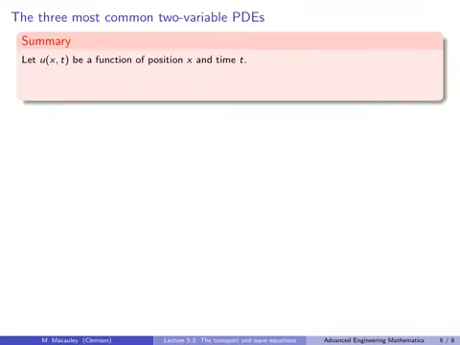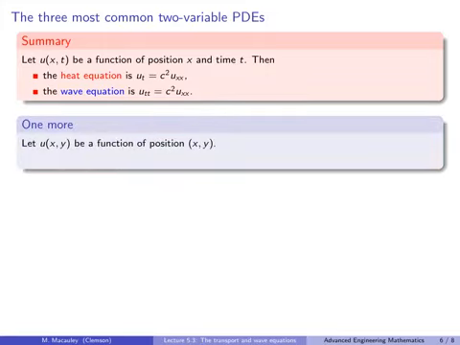Let's summarize what we've done so far in this section. If u is a function of position and time, then the heat equation is the PDE ut equals c squared uxx, and the wave equation is the PDE utt equals c squared uxx. And finally, the title of this slide suggests that there are 3 common 2-variable PDEs.